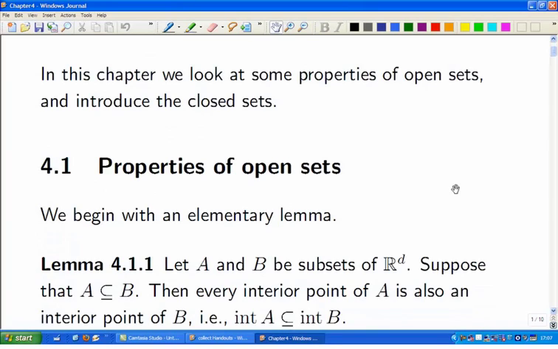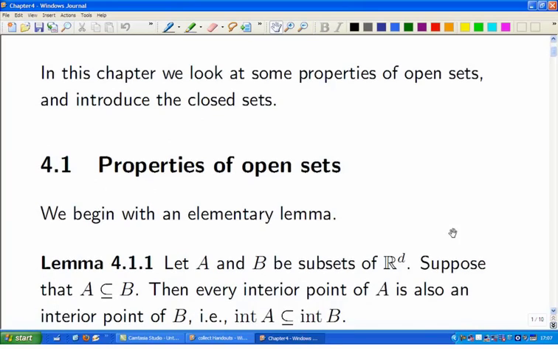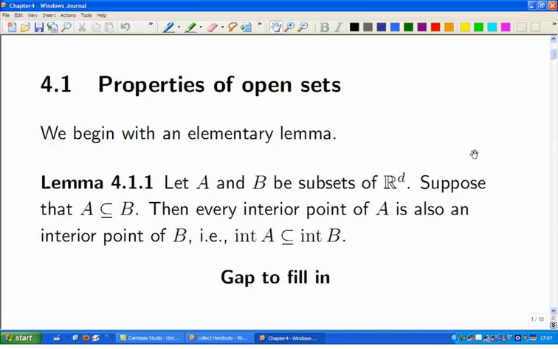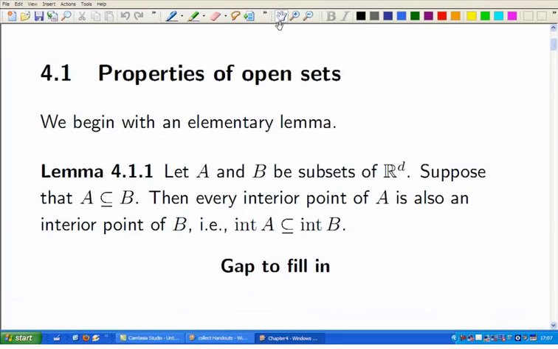So we're going to start this chapter with an easy lemma, which says that if you make a set bigger, then you can't make the interior smaller. So in other words, if A is a subset of B, then the interior of A is a subset of the interior of B. So let me prove that for you.